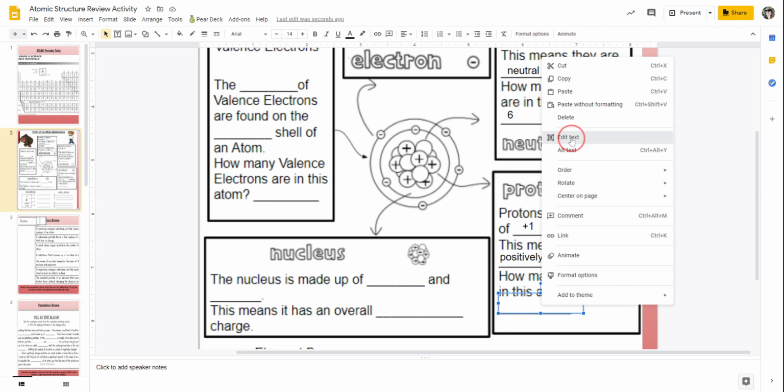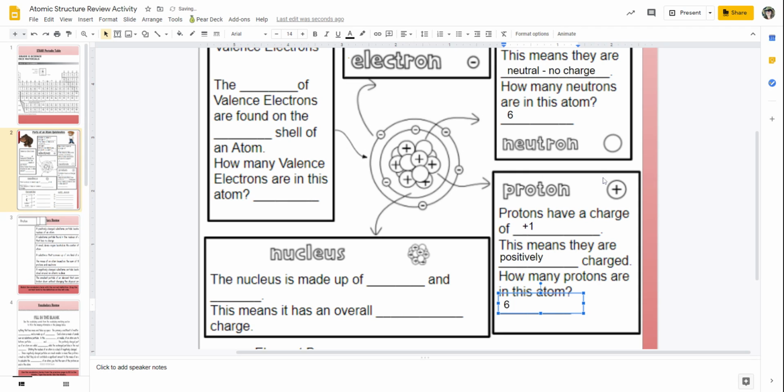Even if we didn't have the little key here, we would know that the ones that look like this are protons because, number one, they have the positive sign, and we know protons are positive, p-p. Number two, they're in the middle in the nucleus. We know only protons and neutrons are in the nucleus. So the ones that have the little positive sign have to be the protons.